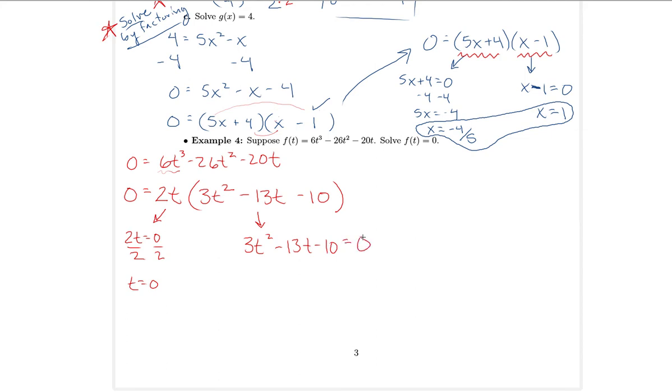Now that in itself is a quadratic equation. So I could solve this by factoring if I wanted to, if it does factor. But let's do a different technique here. So even though solving by factoring is a possibility, this time let's solve with the quadratic formula.